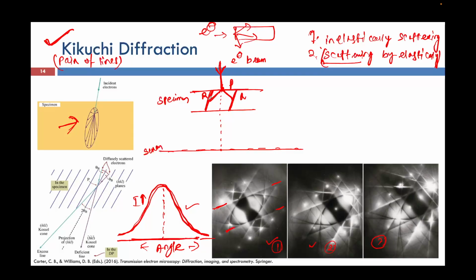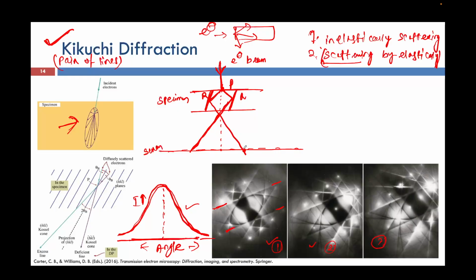I am now considering that the elastic scattering is happening due to Bragg's law. So what will happen after scattering here elastically? It will go like this. This beam has been elastically scattered and my screen is capturing this one. Similarly here also one elastic scattering will happen, and after this my beam will also fall on this one.